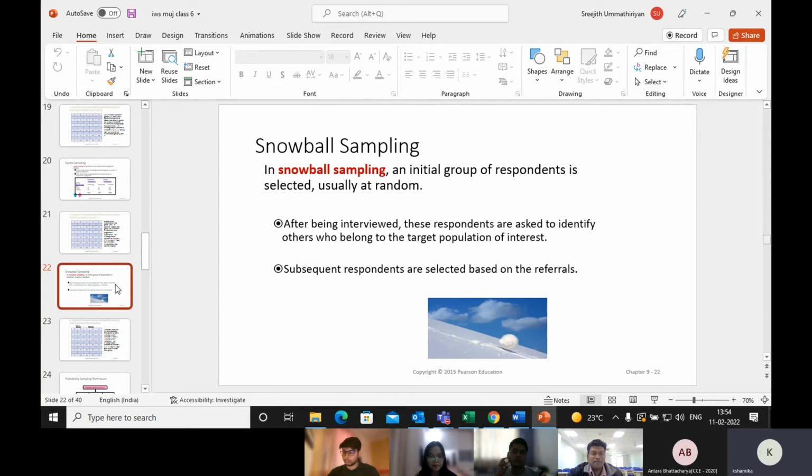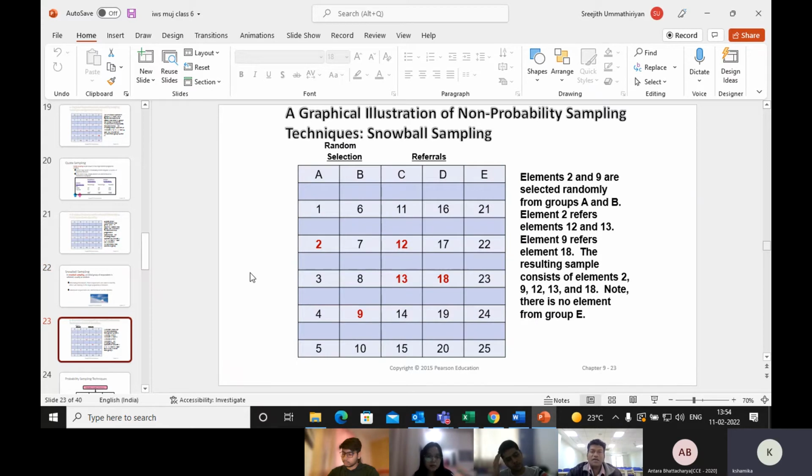In snowball sampling, the initial group of respondents is usually selected at random. After being interviewed, these respondents are asked to identify others who belong to the target population of interest. Subsequent respondents are selected based on the reference given by people who have already been interviewed. Again, a graphical illustration: elements 2 and 9 are selected randomly from A and B. Element 2 refers to elements 12 and 13, and element 9 refers to 18.